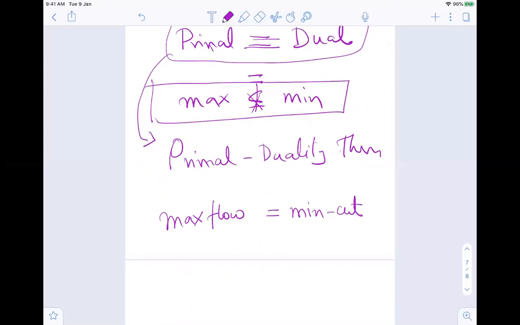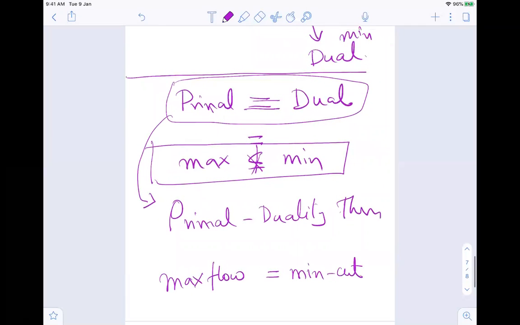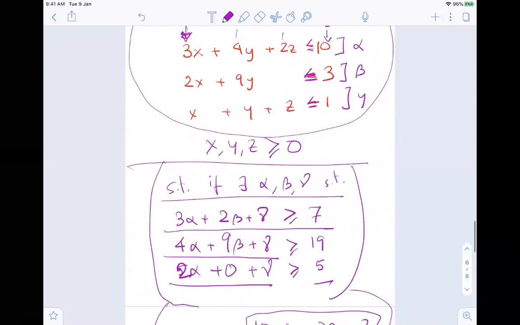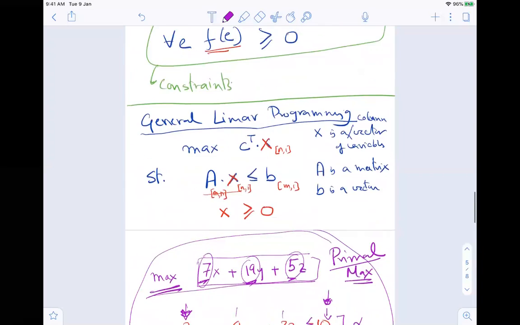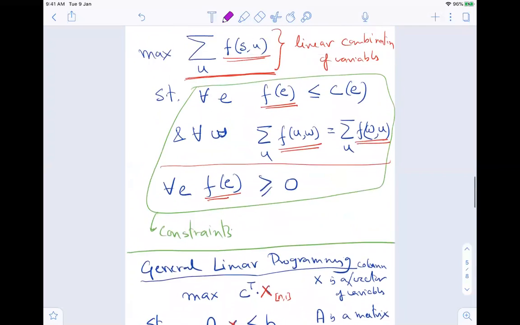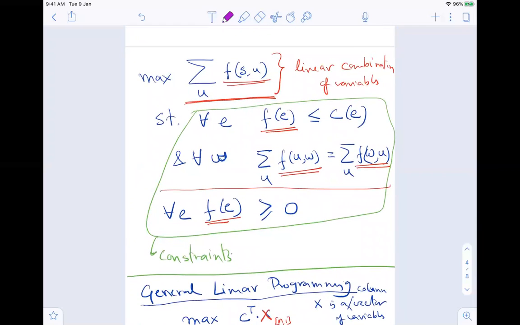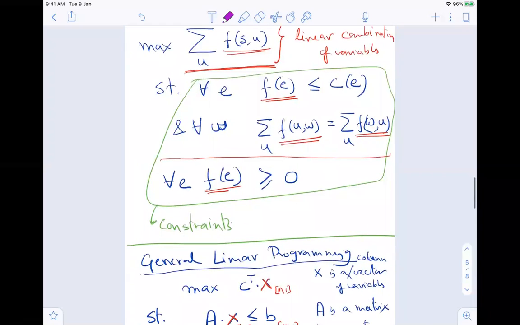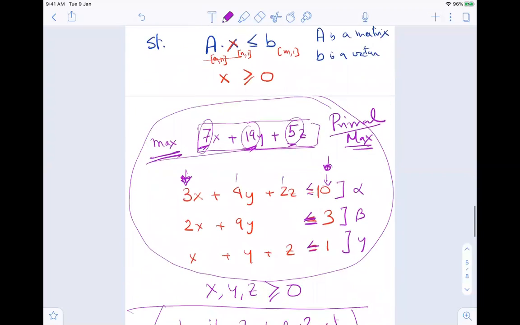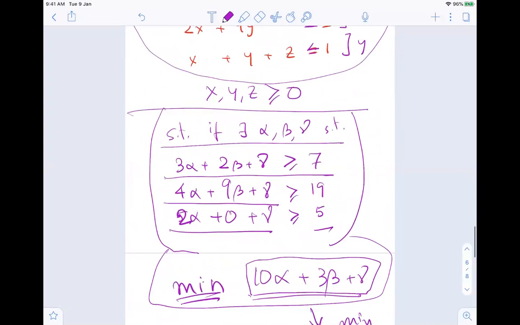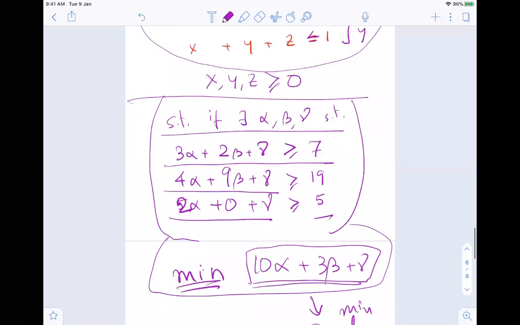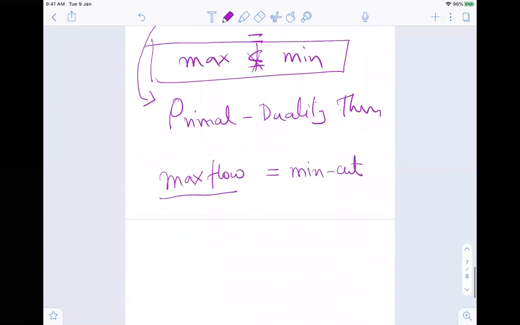Max flow equals min cut is actually a special case of this: primal equals dual. I wrote the max flow in the primal world. If you now generate the dual of this, with basically pushing around the variables correctly, you will get the min cut.